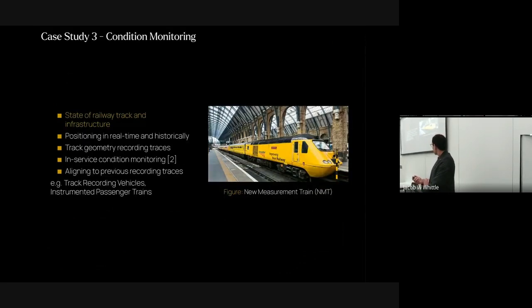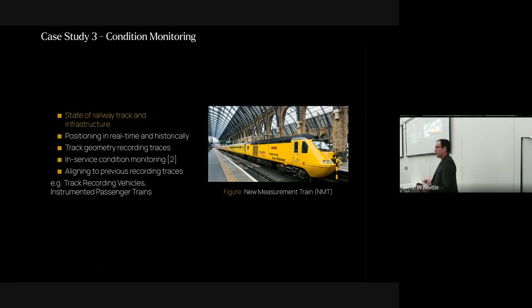And the third case study, a slightly different area of the industry traditionally, is condition monitoring. This is understanding the state of railway track and infrastructure, which we've heard a good bit about already from everybody. Here we see the new measurement train, part of the fleet of vehicles that Network Rail uses to monitor the track.